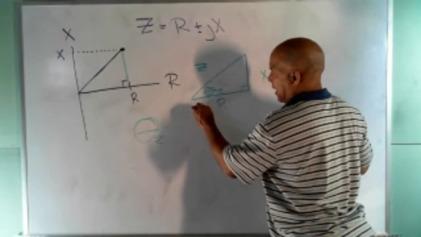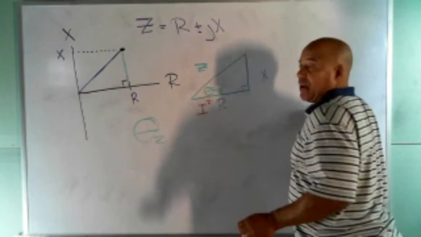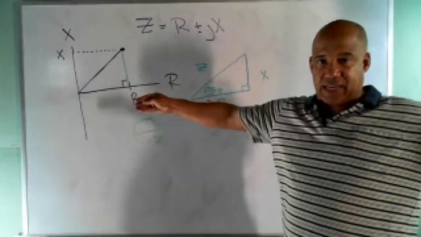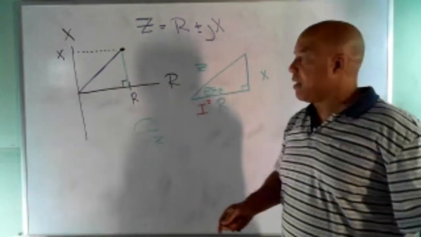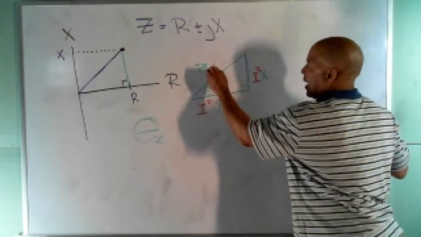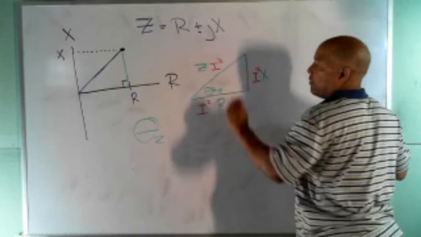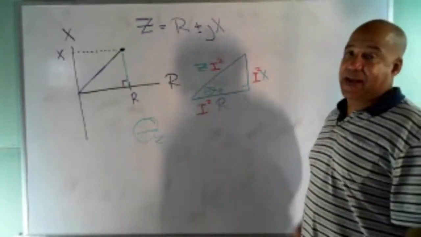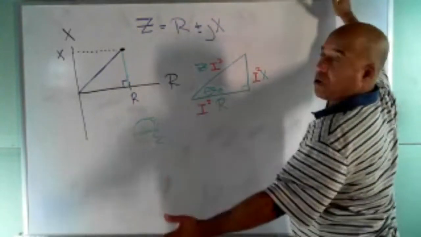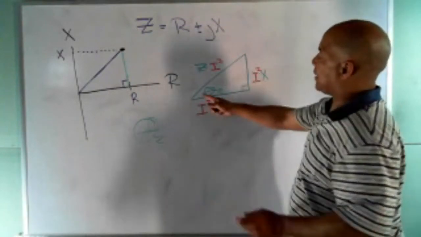I multiply that by I squared. Now if I just multiply one side by I squared, it'll extend or decrease the side. What I'm going to do is multiply all three sides by the number I squared. Whatever that number is, I'm going to multiply each side by it. And you can see what's going to happen. I'm going to get a bigger or smaller triangle, but these angles are going to stay the same.